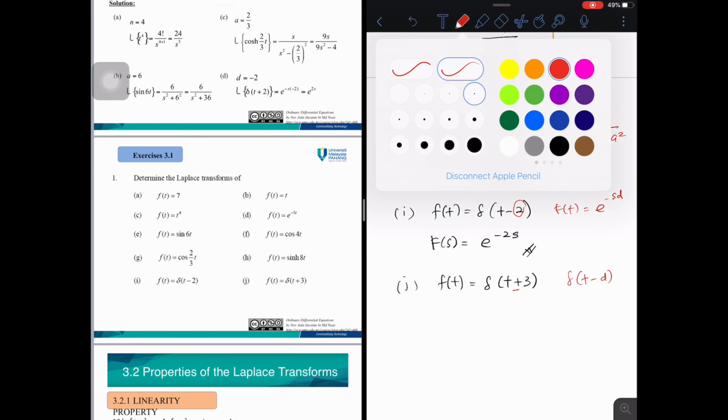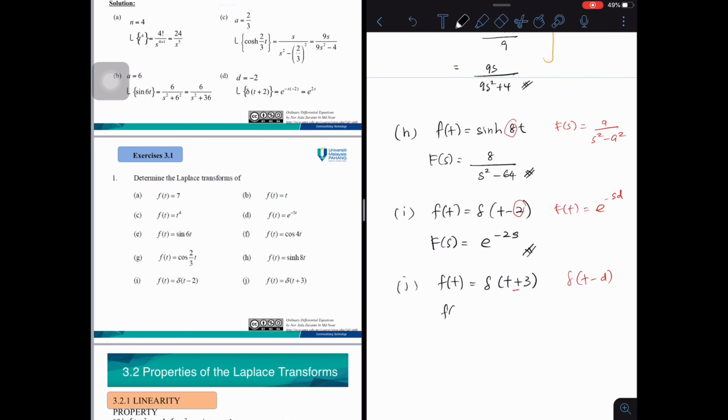So we write the function, you will get f(t) equal to delta(t minus negative 3). Therefore you now have your d equal to negative 3. So to find F(s), it is as simple as e^(-sd), so negative 3s. So you will have e^(3s).